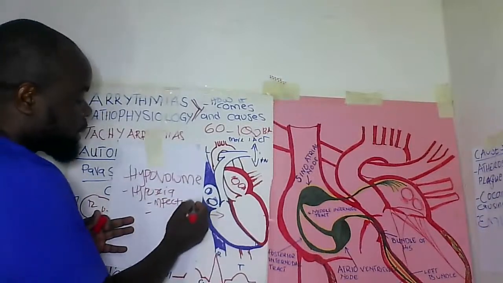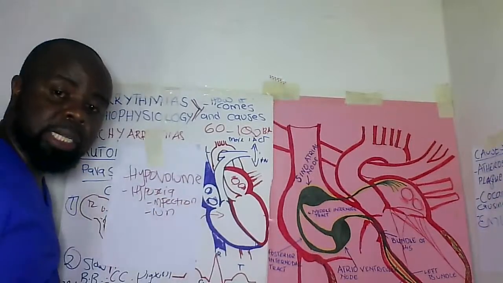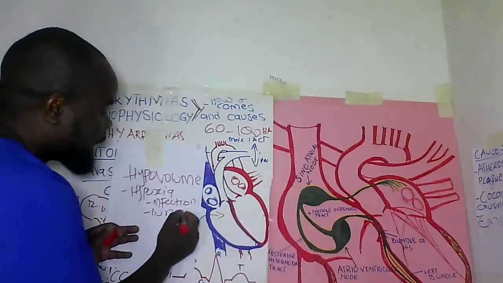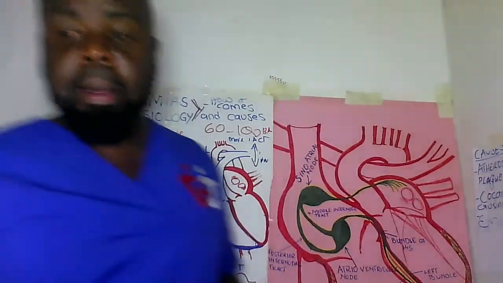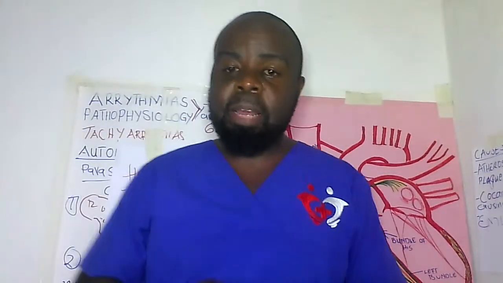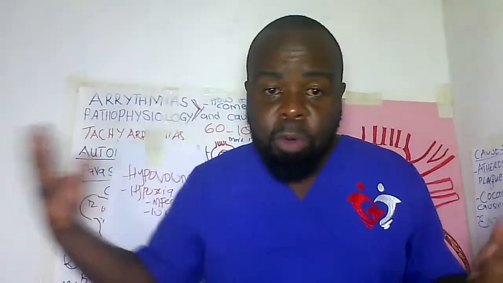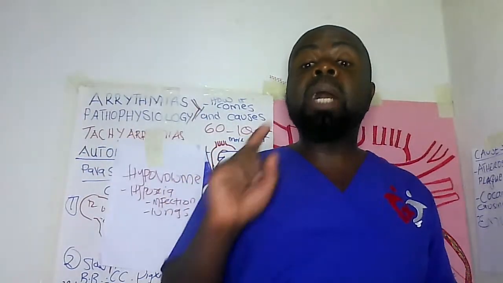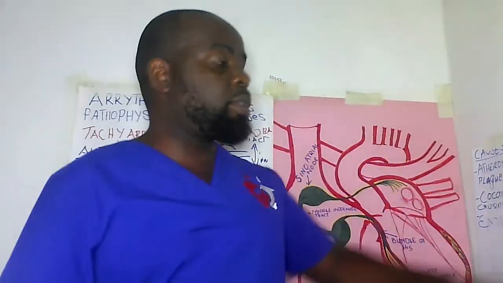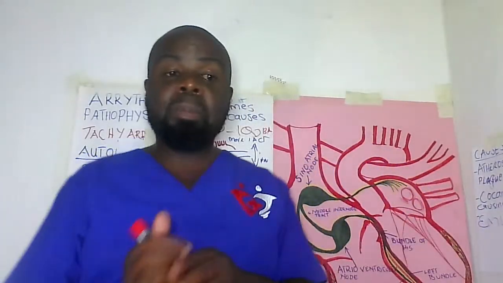Two is lung disease, diseases of your lungs. If your lungs are having problems, you will not have enough oxygen. And then something called pulmonary embolism. You remember what we talked about in pulmonary embolism?